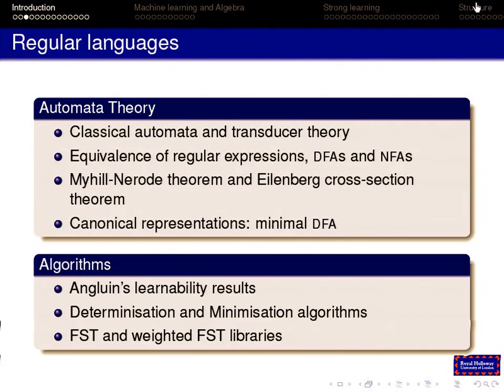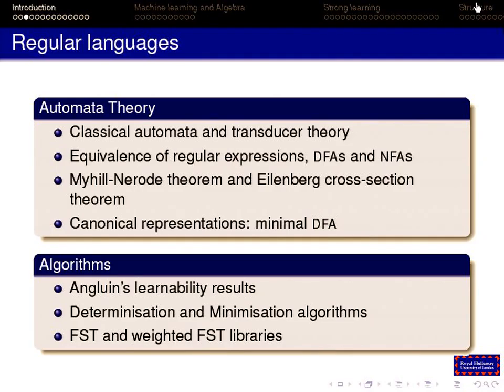We have canonical representations for regular languages. And these lead into algorithms like Dana Angluin's classic learnability results. We have determinization and minimization algorithms. And we have these wonderful finite state transducer and weighted finite state transducer algorithms that are used very extensively in NLP. So at this level, this is great.